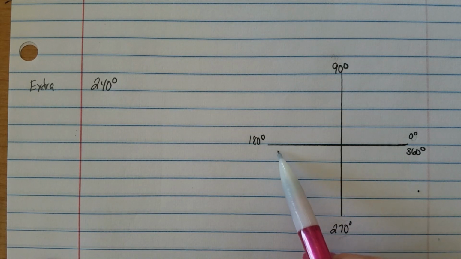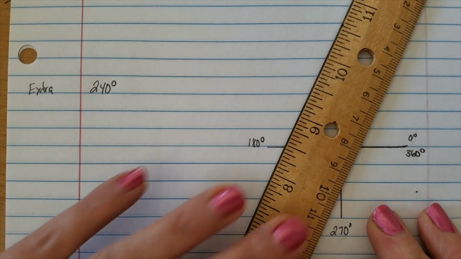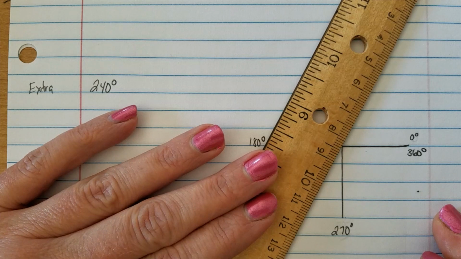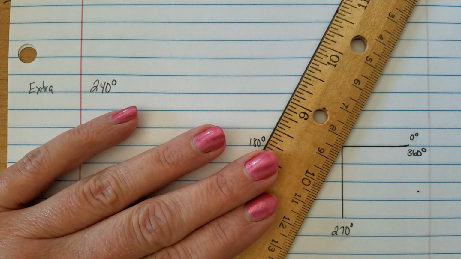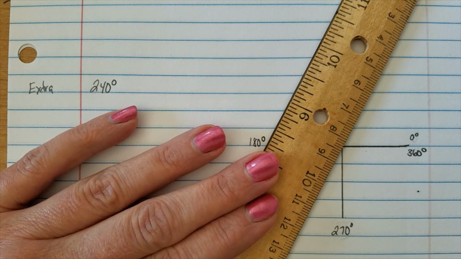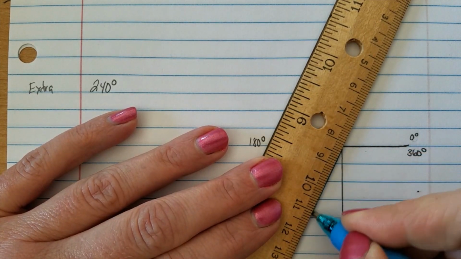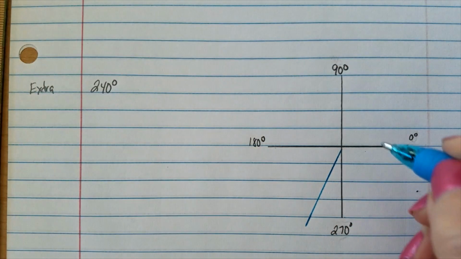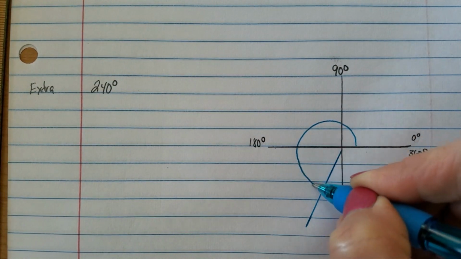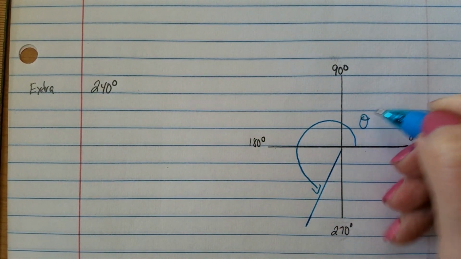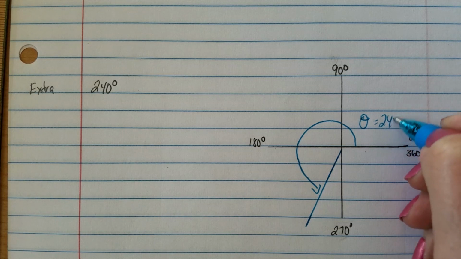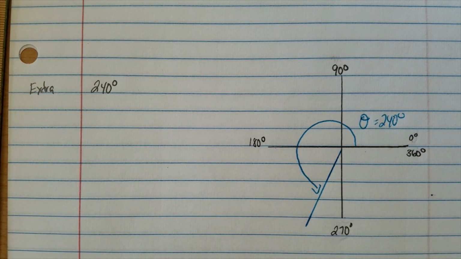Well, 240 degrees is between 180 and 270 degrees. Okay, so this is my theta of 240 degrees. And of course, I'm in quadrant 3.